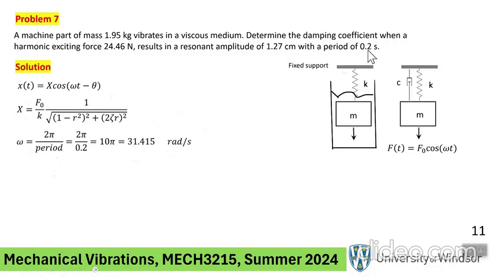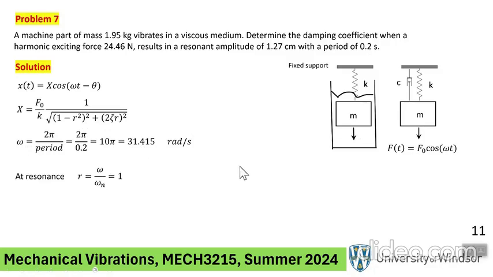Out of that, we can find a natural frequency, and it's going to be equal to the frequency of the applied load. So yes, it is true that this is the natural frequency, but it's also true for the driving force. That's why we have resonance. So this piece of information, 0.2, will tell you what the natural frequency is or what the driving frequency is, because they are the same.